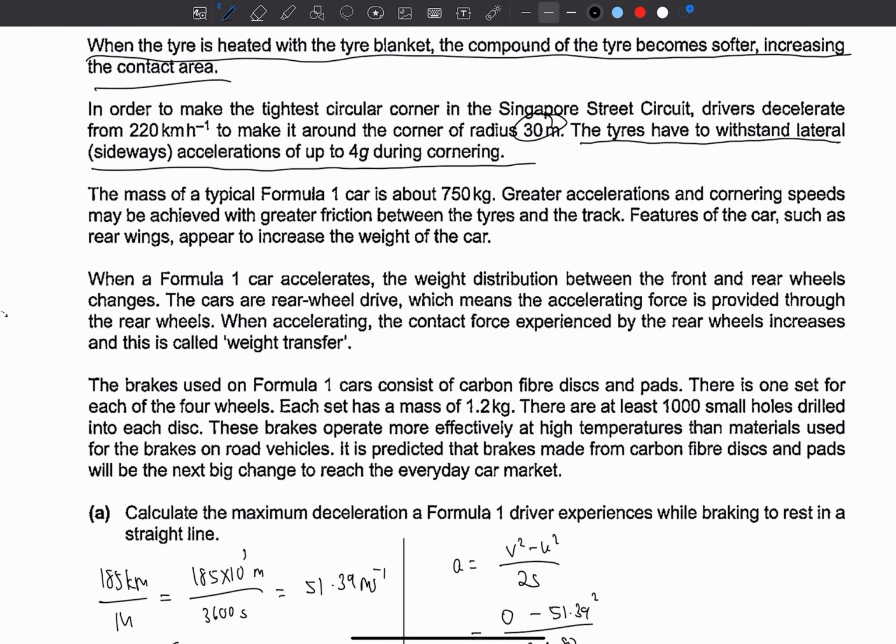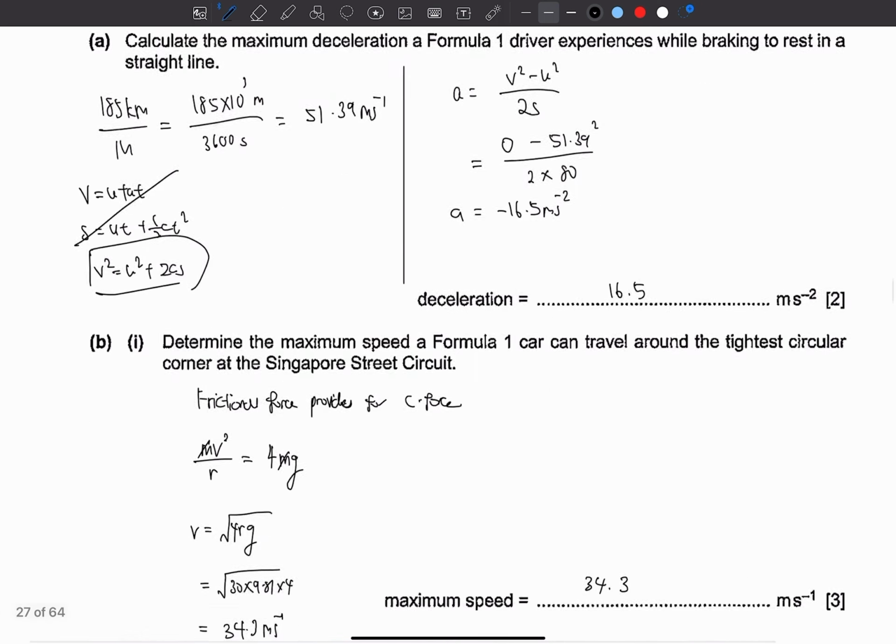So from this part here, when a Formula One car accelerates, the weight distribution between the front and rear wheels changes. The cars are rear wheel drive, meaning the accelerating force is provided through the rear wheels. When accelerating, the contact force experienced by the rear wheels increases, and this is called a weight transfer.